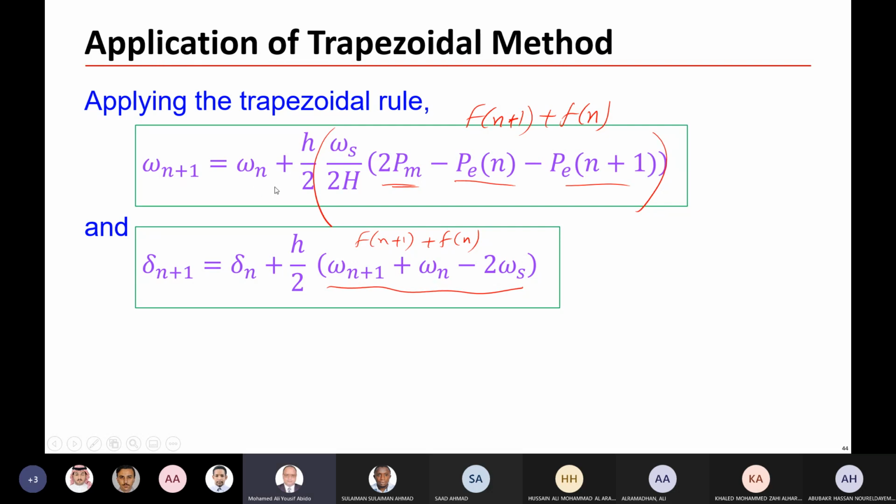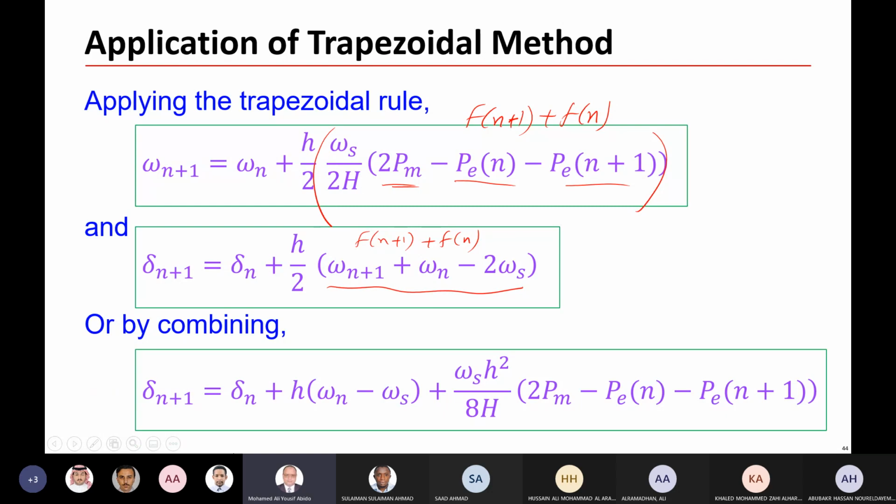Also omega n can be replaced, as omega n is a function of omega n minus 1, in terms of Pe of n plus 1, Pe of n, Pe of n minus 1 and so on. By combining, you can write delta n plus 1 equal to delta n plus h times omega n minus omega s, and you can have this.